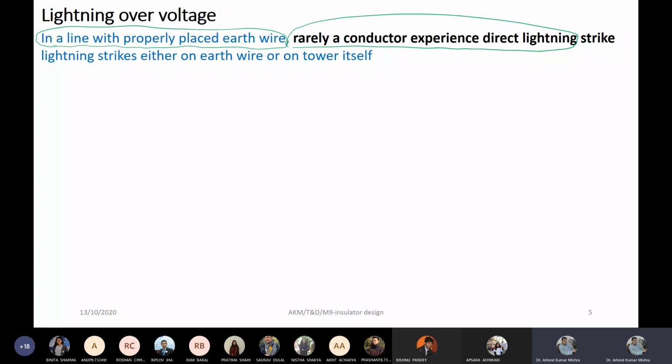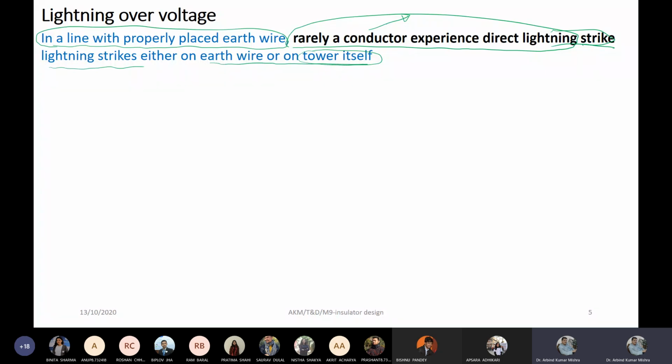What does it mean? It means that once the lightning strike comes, it occurs on the earth wire rather than the conductor. So lightning strikes either on the earth wire or on the tower itself. How often lightning directly strikes the conductor is even less than a single percent, 1%. The tower is included because it is directly connected to the earth wire.